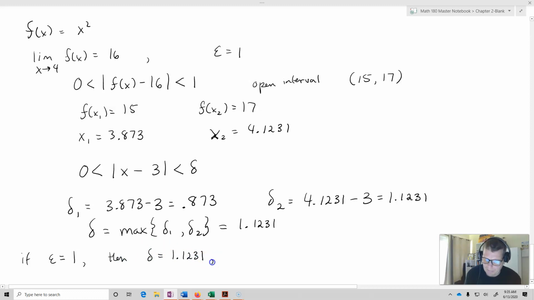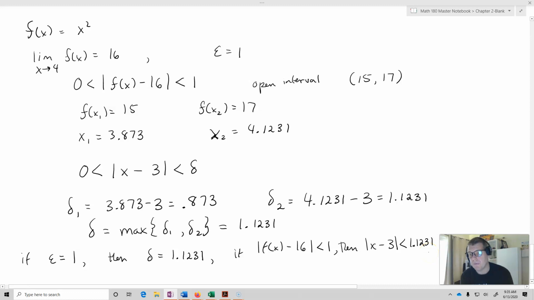And we can in fact say that if the absolute value of f of x minus 16 is less than 1, then the absolute value of x minus 3 is less than 1.1231. And in fact, this is true. We just proved that that was going to be the case.